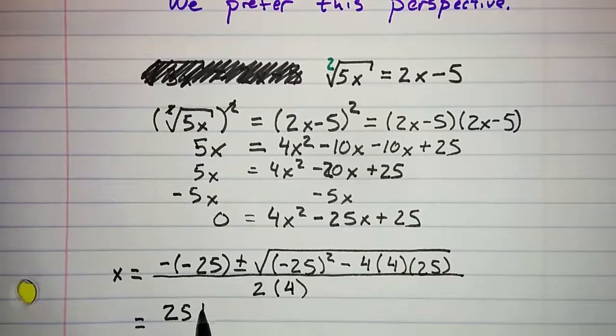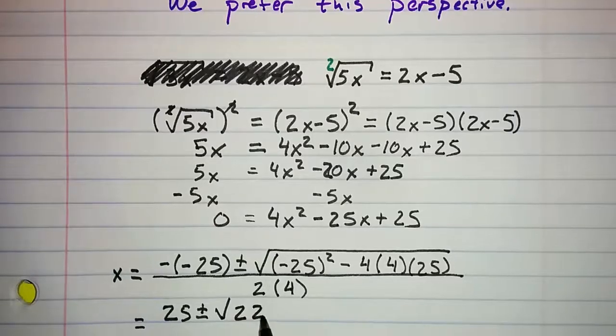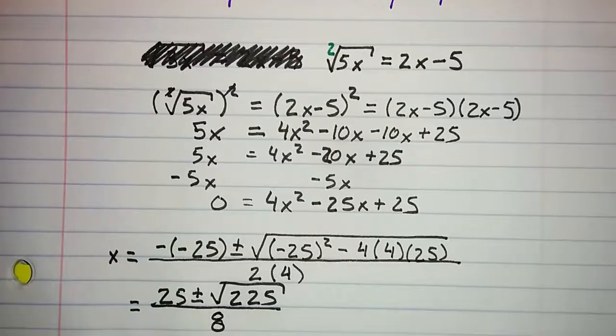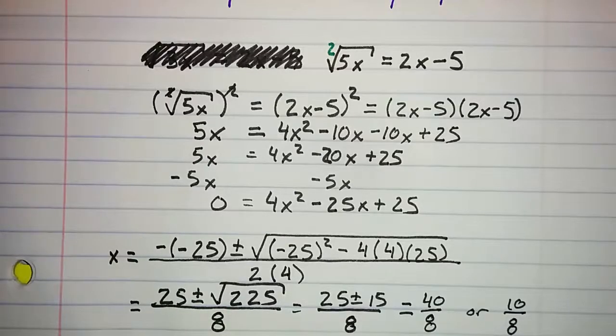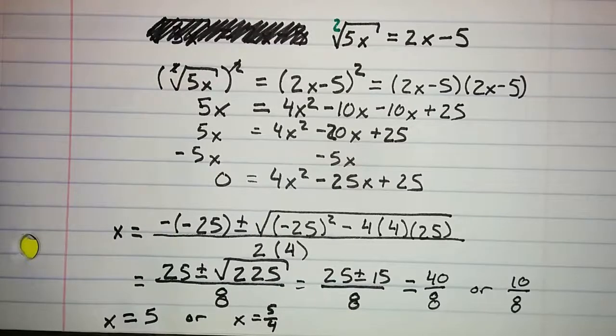Positive 25 plus or minus the square root, working out this stuff inside the radical on the calculator, 225, all over 8. Appealing to the calculator again, the square root of 225 is 15. So I'll get 40 over 8 or 10 over 8. That is x equals 5 or x equals 5/4.